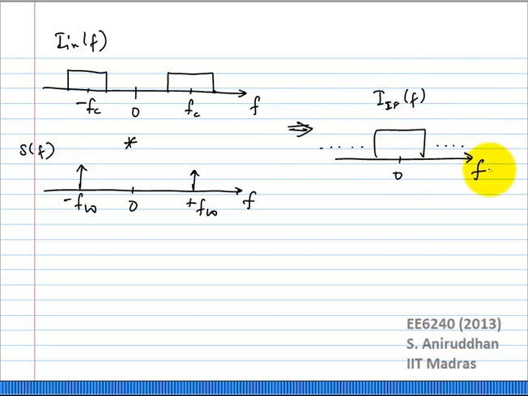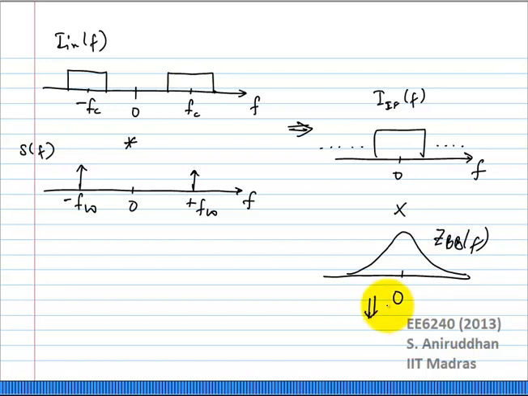Now this current is multiplied with the ZBB of f. So let us say it has some frequency dependent behavior. Okay, this is ZBB of f. So this gives you some VIF, V1 of t, V1 of f.